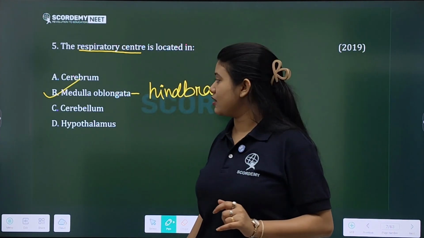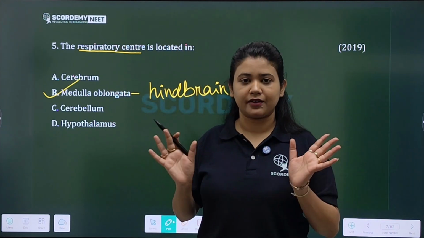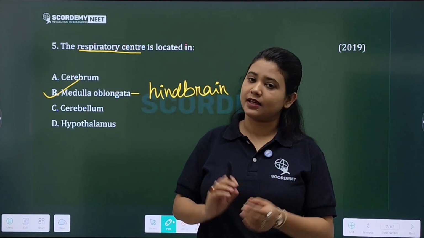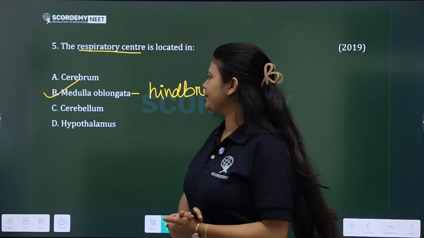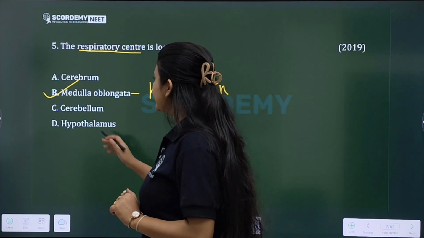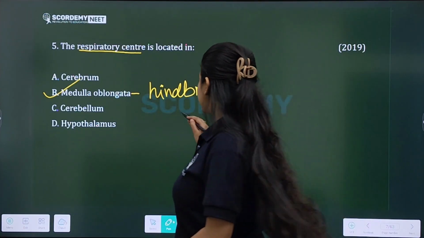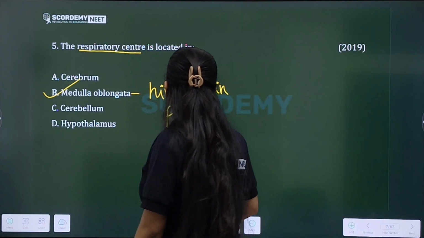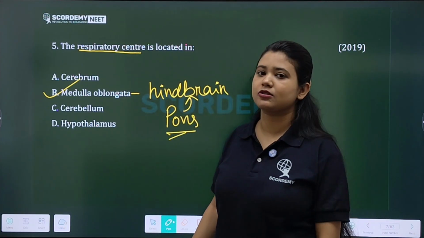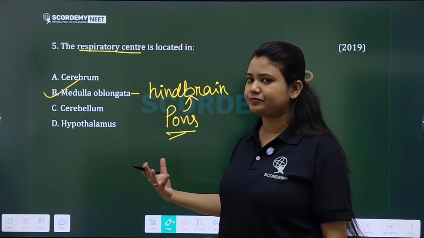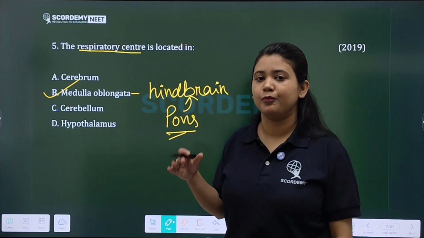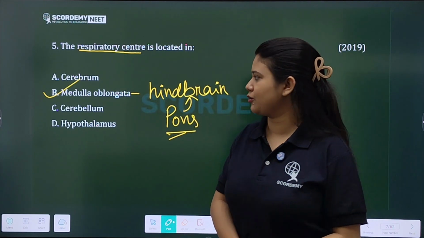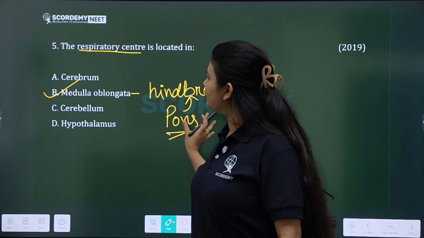Why is it called the respiratory center? Because it controls and generates the rhythm of respiration. Along with the medulla oblongata, the pons, also a part of your hindbrain, is responsible for modifying the rhythm of respiration.